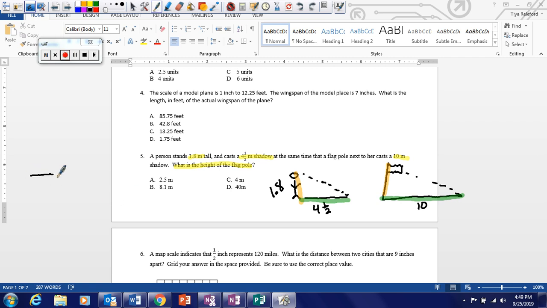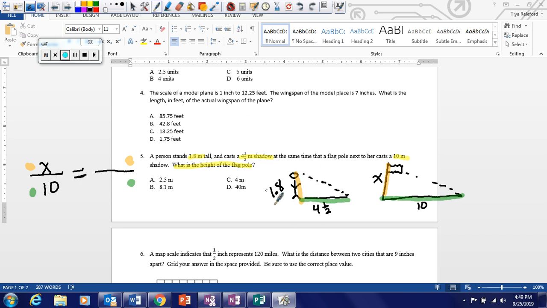And then you're going to set up a proportion. The flagpole is X, and the other number in that shape is 10. So we have orange and green.